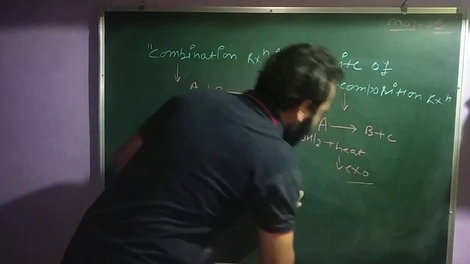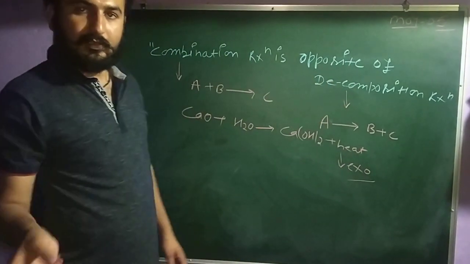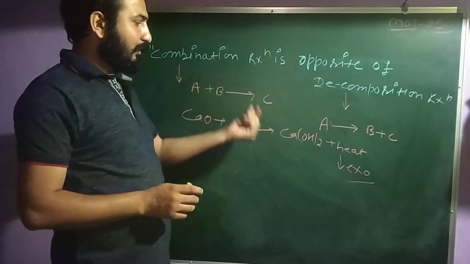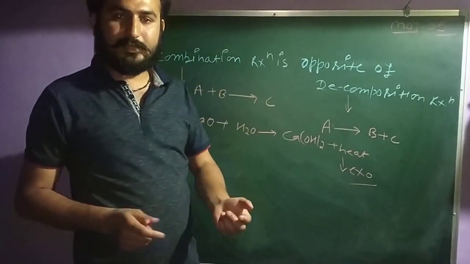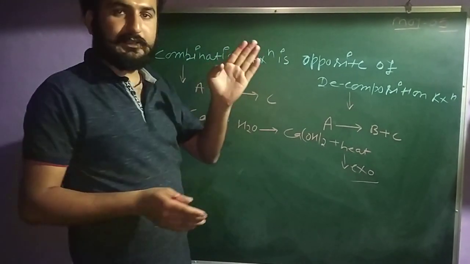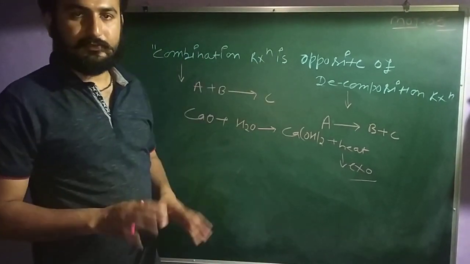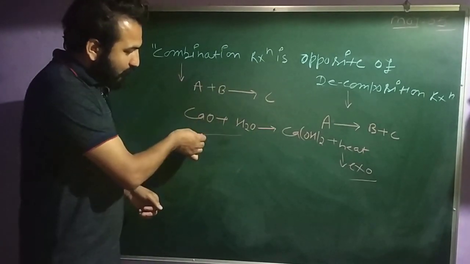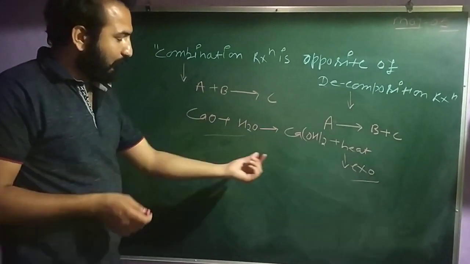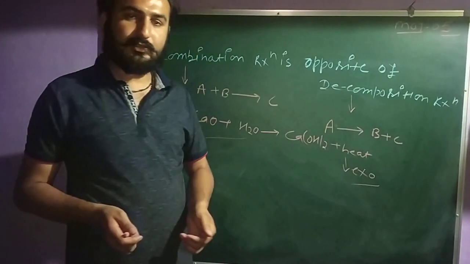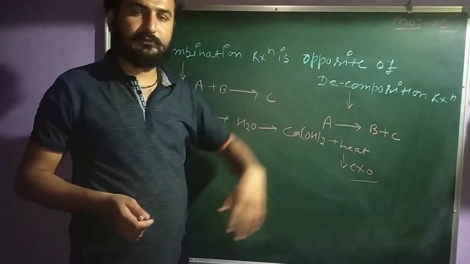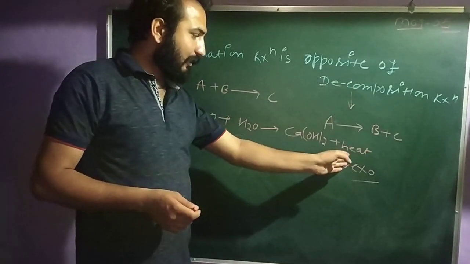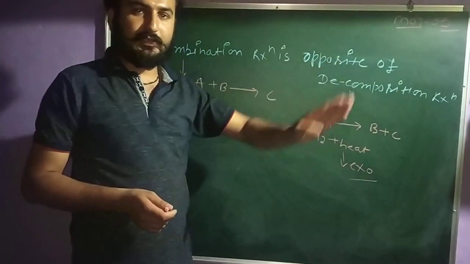Clear? That time I told you the combination reaction is a type of exothermic reaction. Yes, you can say the combination reaction is called the exothermic reaction. Clear? This is combination. Why? Because these two species are combining together and form one product along with some heat. Along with some heat is released, so it goes for exothermic reaction.